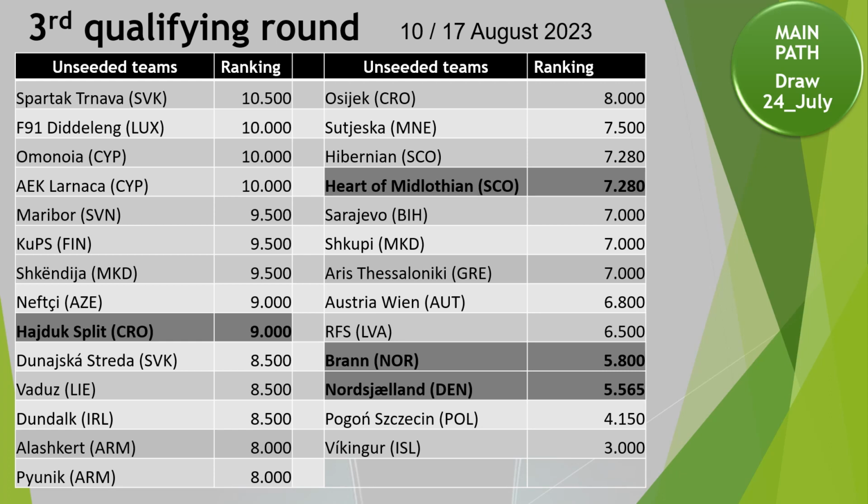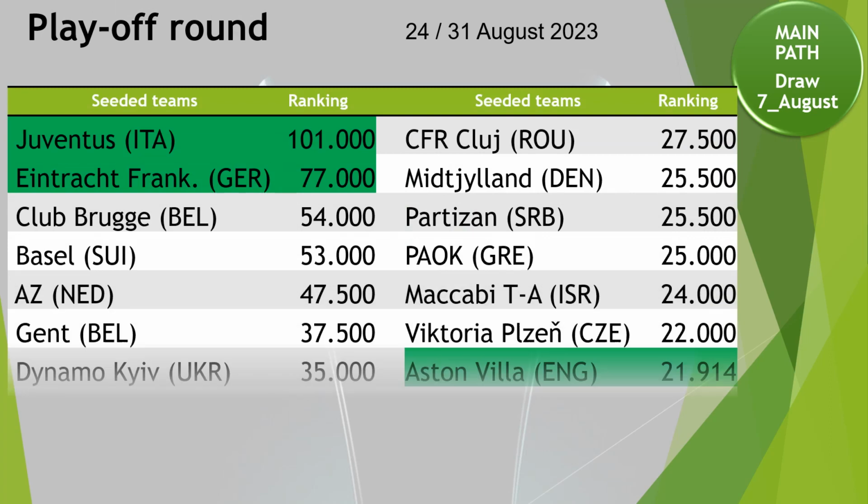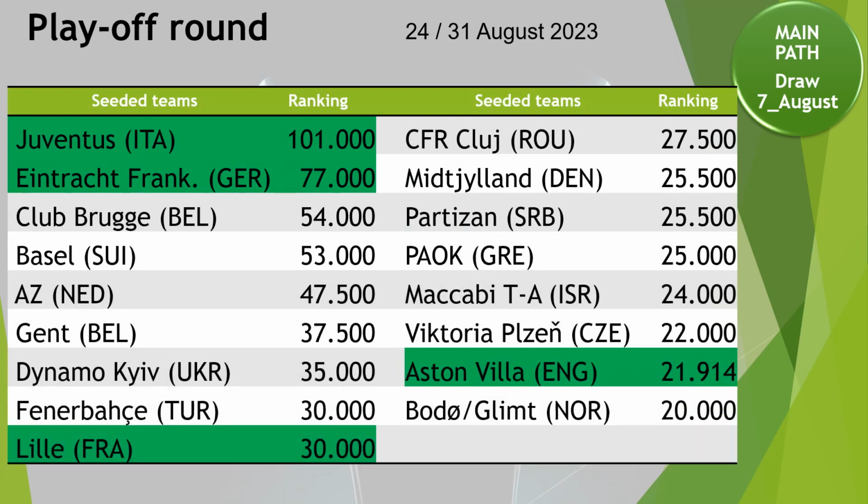Of Conference League. Finally, in the playoff round, we will have a similar situation. These are 17 seeded teams and 17 unseeded teams. Some teams such as Juventus, Eintracht, Lille, Aston Villa will start from this stage, and they possibly will be seeded in this round.